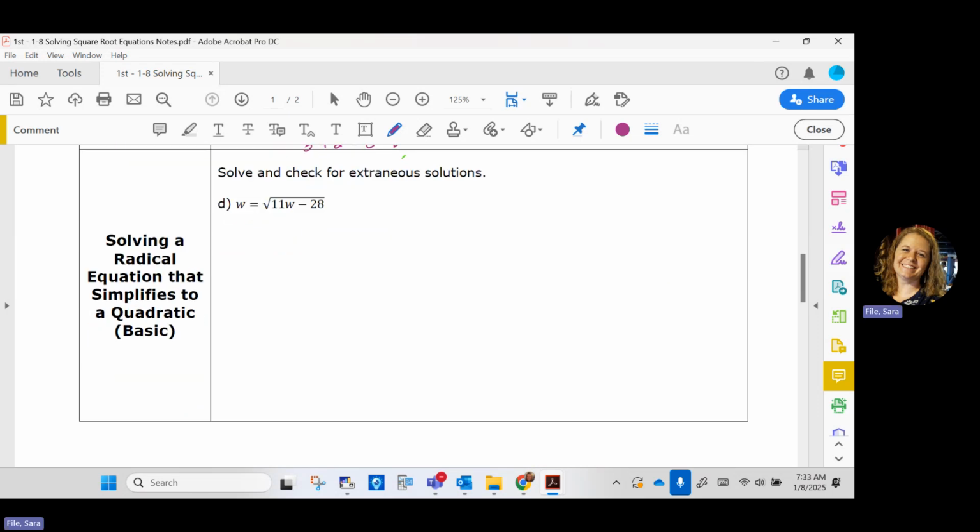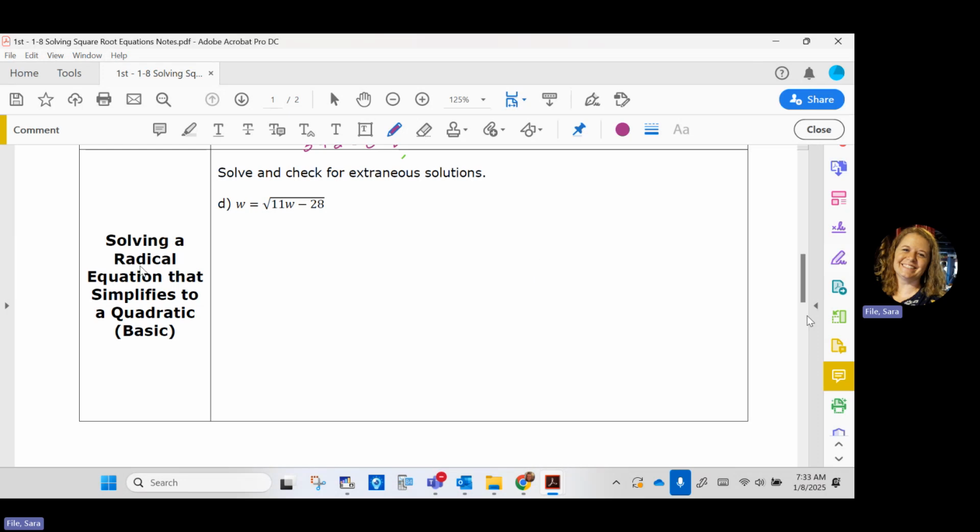Okay. Now, here is one where we're actually maybe going to get some extraneous solutions. All the other ones checked out. So let's see these that are a little more complex. We've got w on both sides. See here?